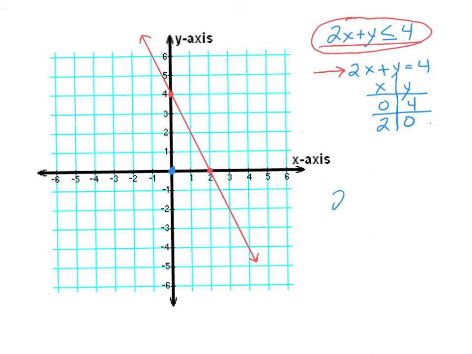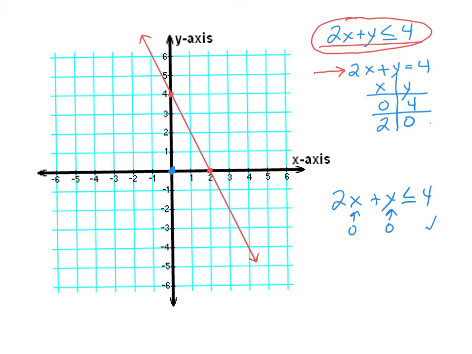If I have the inequality 2x plus y is less than or equal to 4 and put 0 in for x and 0 in for y, I would get 0 plus 0 is less than 4. And that is a true statement. So I know that this particular point works. If one particular point works on this side of the line that I just drew, that tells me that all the points are going to work on that side.